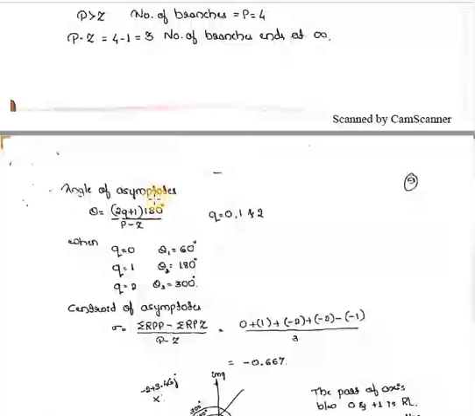The angle of asymptotes is given by theta = (2q + 1) × 180° / (P - Z), where q is 0, 1 and 2. Substituting those values, you get theta 1 as 60°, theta 2 as 180° and theta 3 as 300°.